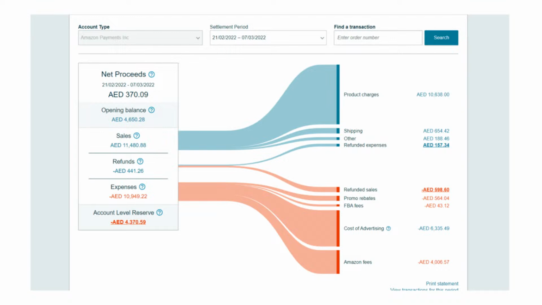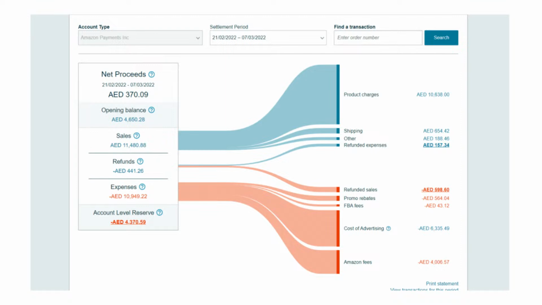Now, let me show you an example of a report. This is a demo account on Amazon.ae. As you can see, the sales for that account in that 15-day window were 11,480 dirhams.